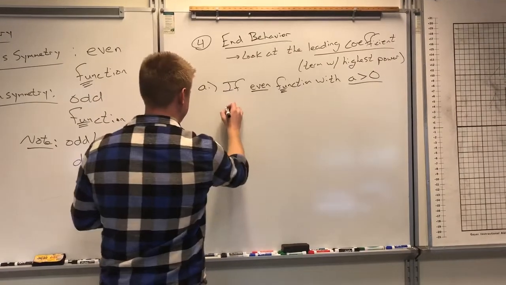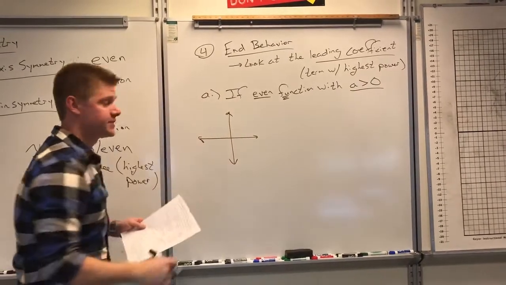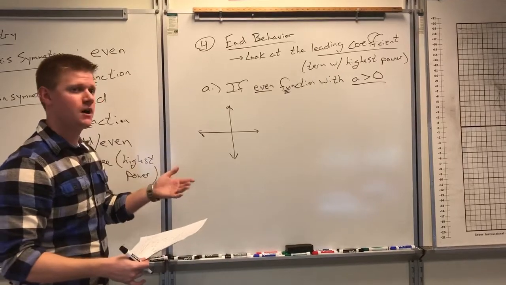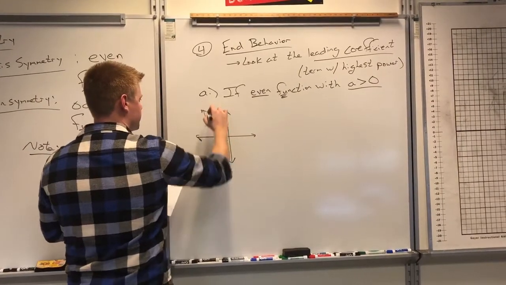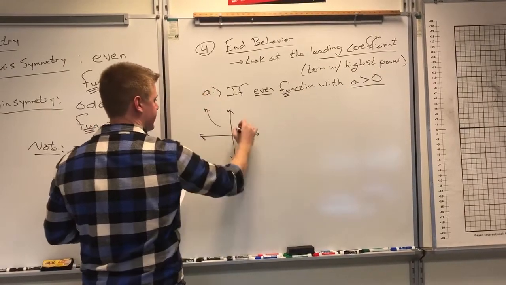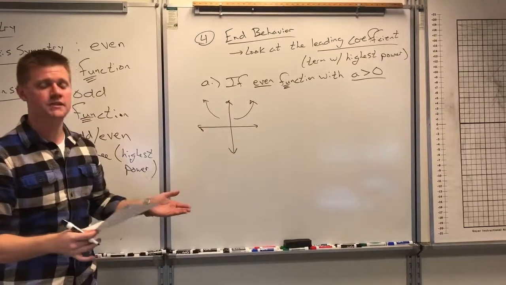What it means is that any graph with these characteristics, so again, an even degree with a positive coefficient, its end behavior is going to extend upward as you go to negative infinity, and also upward as you go to positive infinity.